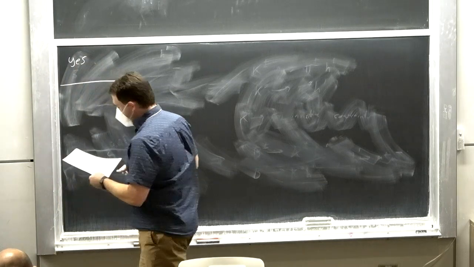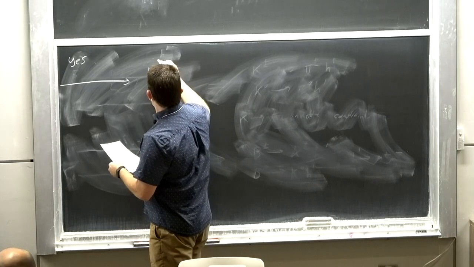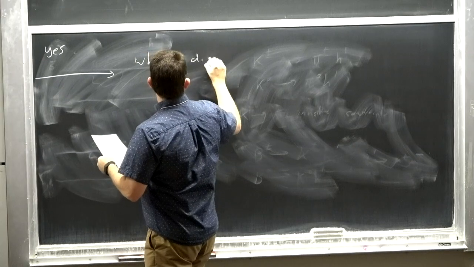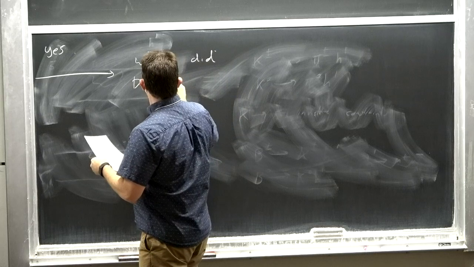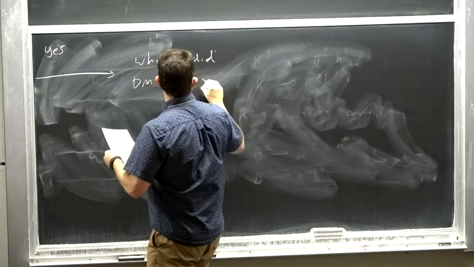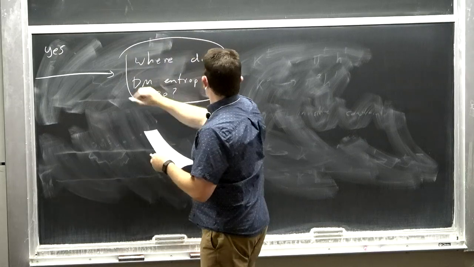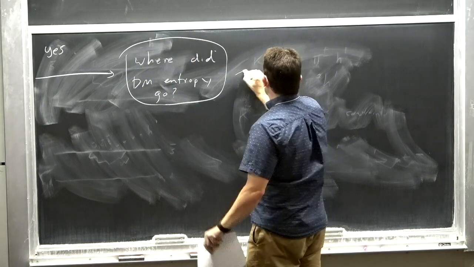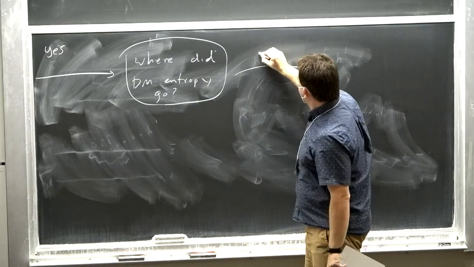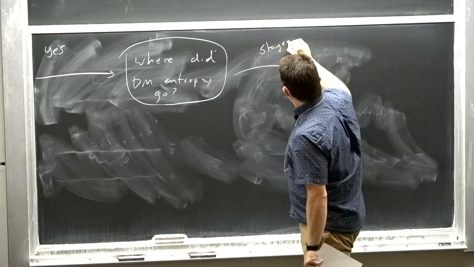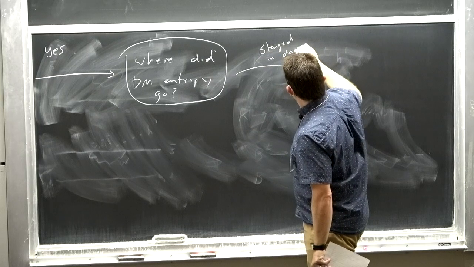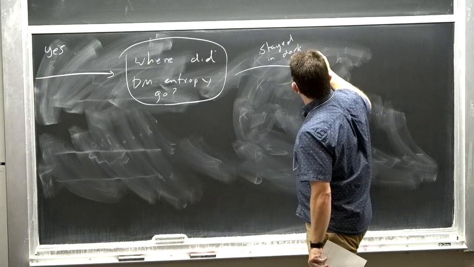So in the yes case, where did the DM entropy go? The punchline here is that the state in the dark sector is tightly constrained for light dark sectors.